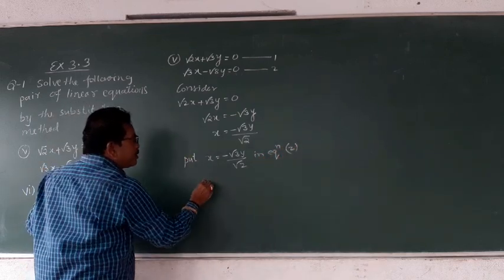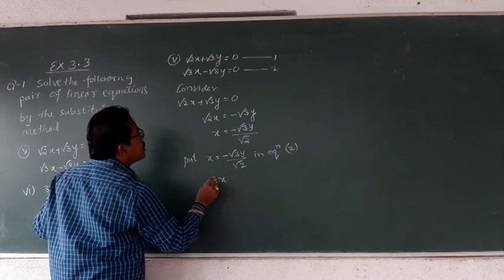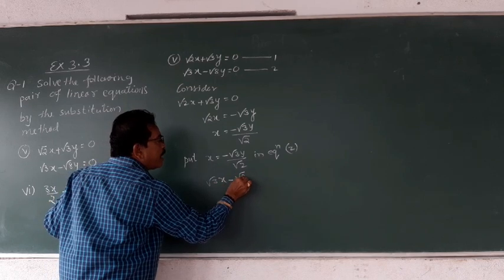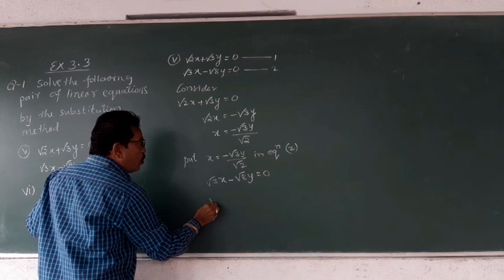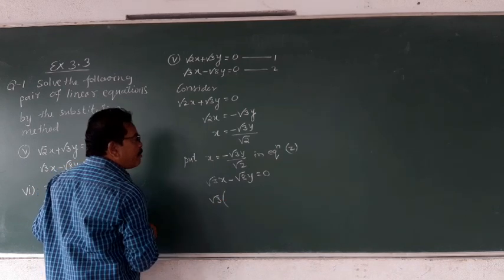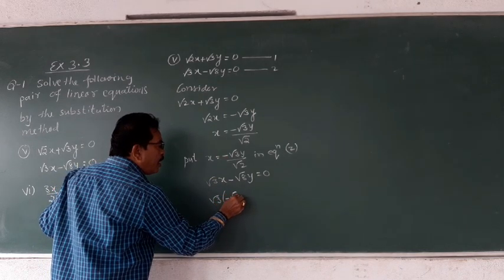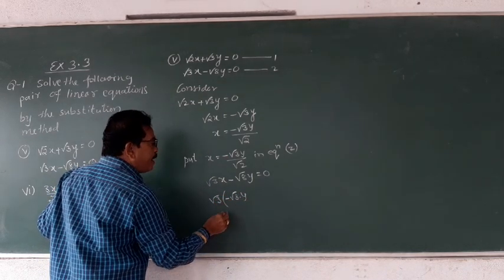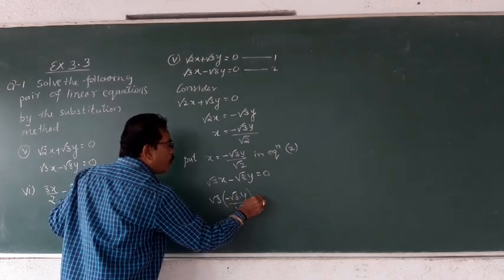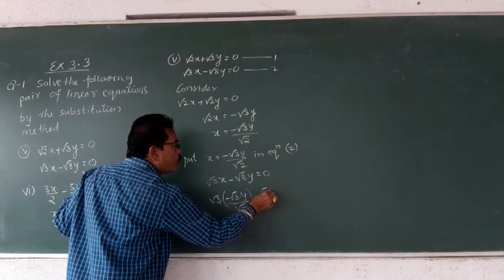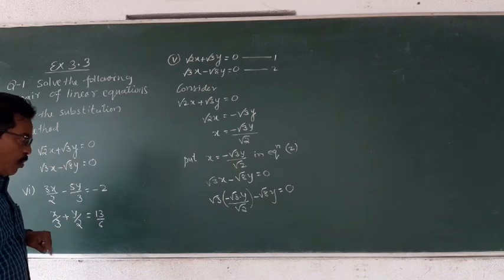Second is root 3 x minus root 8 y equals 0. Root 3 in the bracket, x means minus root 3 y divided by root 2, minus root 8 y equals 0.